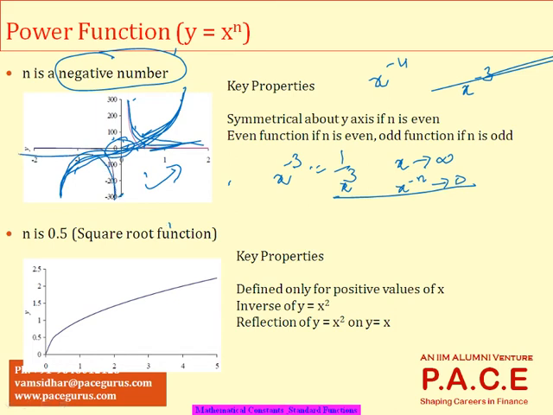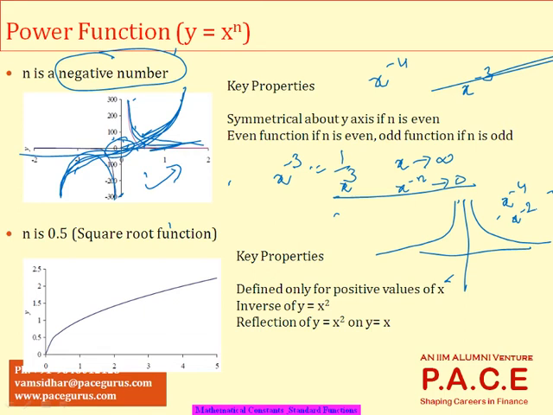A similar kind of approach is seen when n is a negative odd number, whereas if n is a negative even number, we see a similar kind of shape. This side remains the same, whereas instead of in this quadrant, we see the graph more in this quadrant, symmetrical about the y-axis, especially for x to the power of -4 or x to the power of -2 kind of shapes.